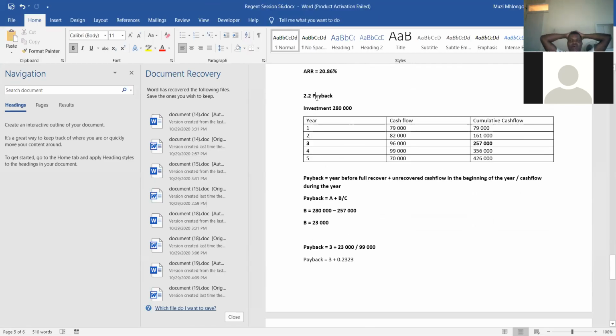Even on this thing of payback, at some point in time, you'll find that they won't give you the cash flows. You need to calculate them. They will give you net profit, so you need to calculate the cash flows.